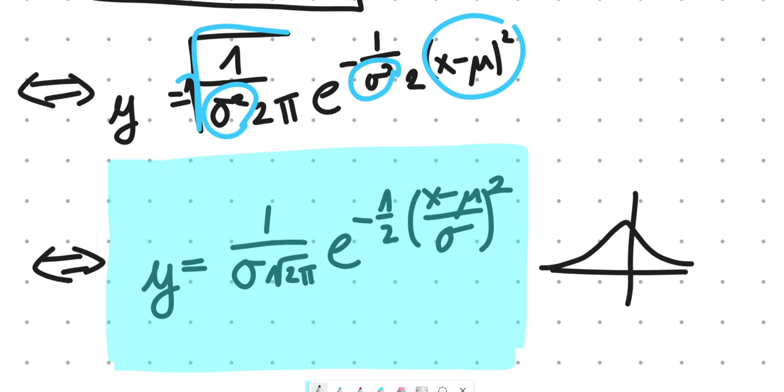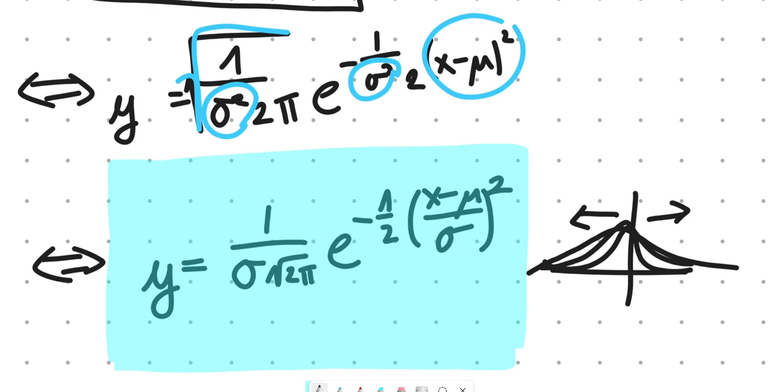If mu is positive, I'm going to move to the left side. If mu is negative, I'm going to move it to the right side. The 1/2 is a factor, so it's going to squish it like this, or it can widen it. And also the sigma squared is going to do this for me. And the factor in front is also doing the squishing and the widening of the e function.